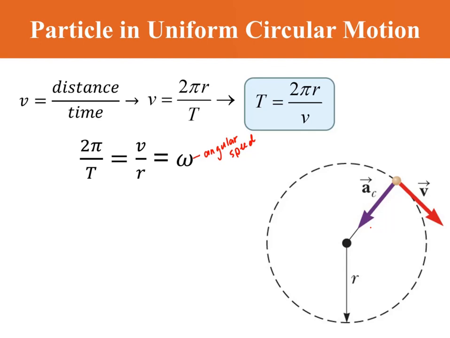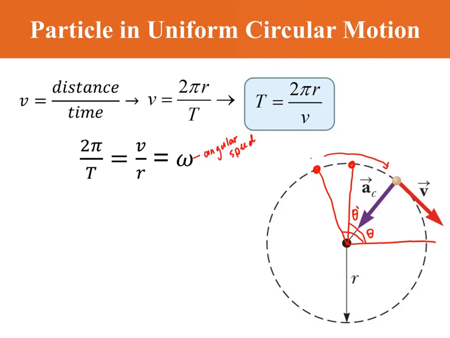Let's say we have an object, let's say from here, and it has this theta. As it moves in this motion, let's say until here, it will have a second angle.